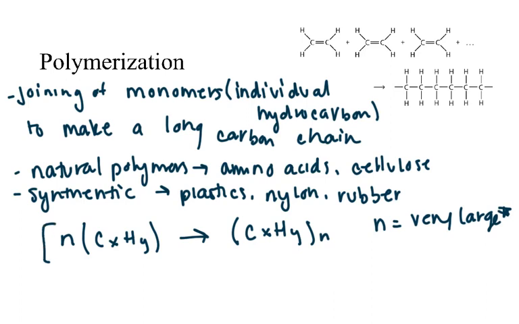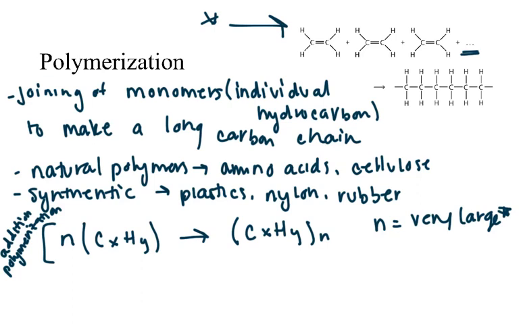And this is going to be addition polymerization. You can see an example up top here. So we have 3 different, and then even more. So we have multiple hydrocarbons coming together to form a large chain of these.